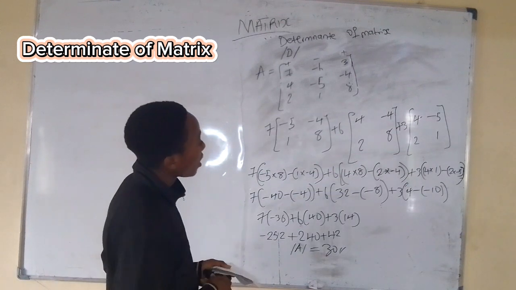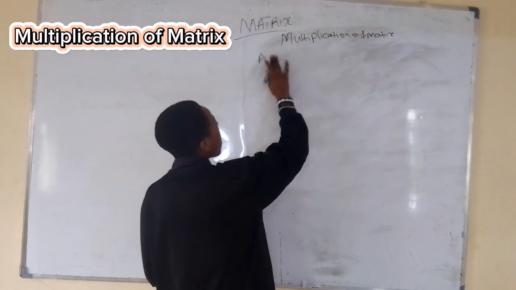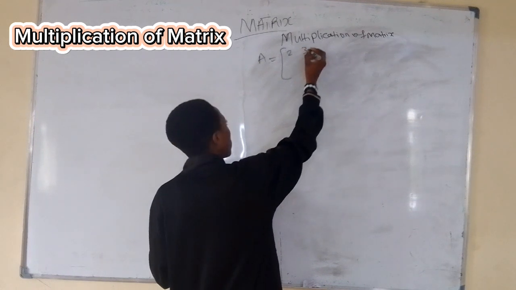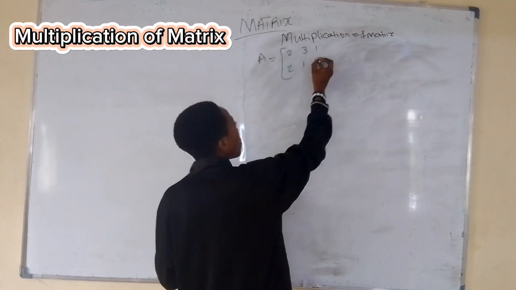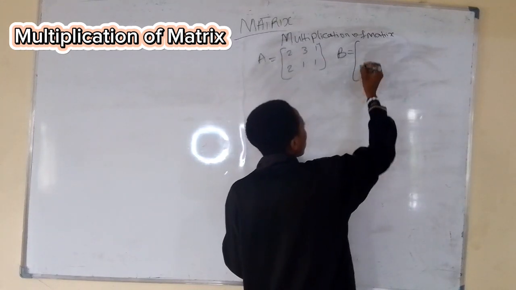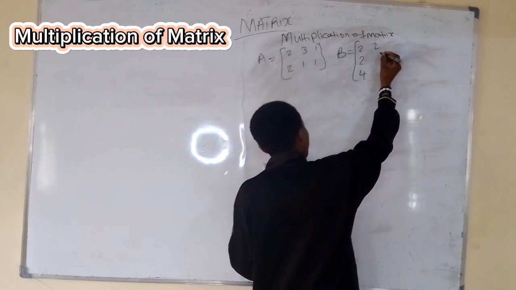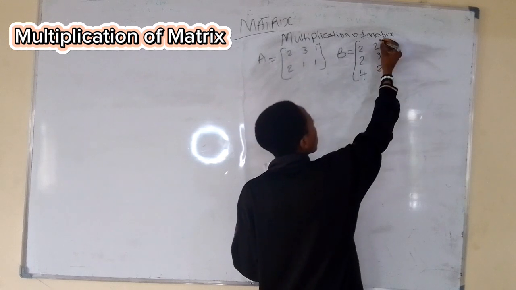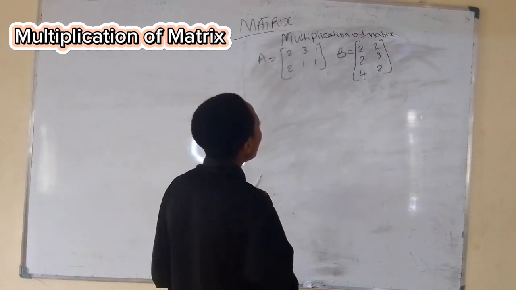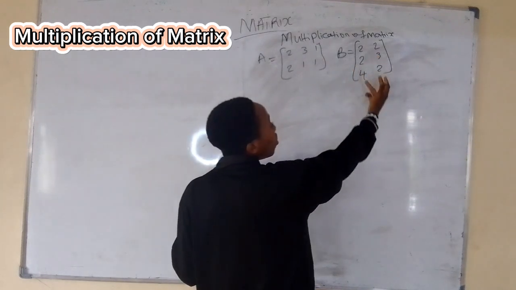Now let's move on to multiplication of matrices. So let's say, for example, we have our A equal to, and then our B. Remember, in multiplication, order matters a lot.